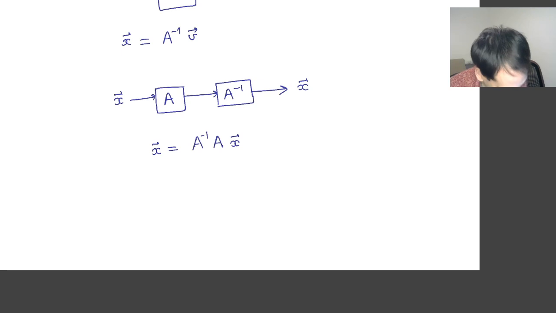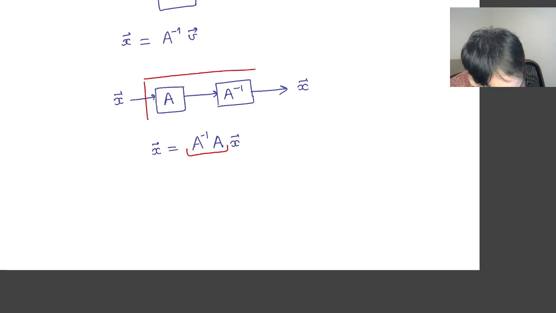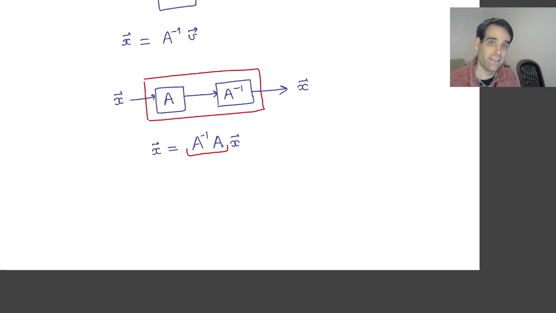But of course, x equals x, which means that this transformation here, which is the total transformation, is actually a transformation that does nothing. This is the identity matrix I, which is ones in the main diagonal, yeah, and zeros everywhere else.